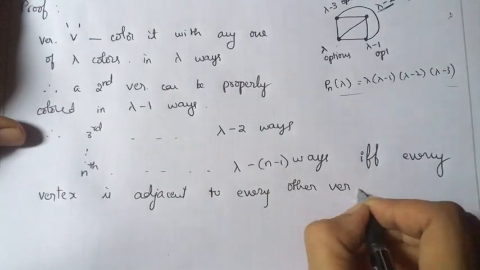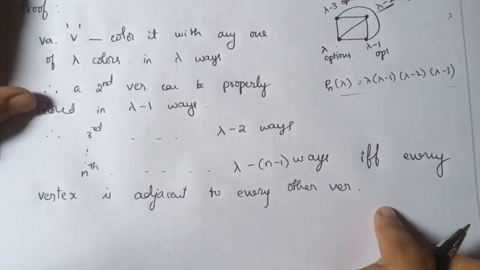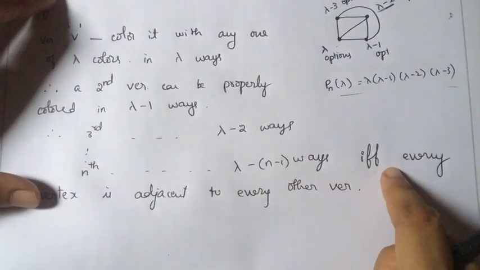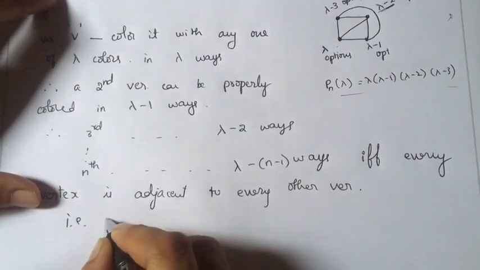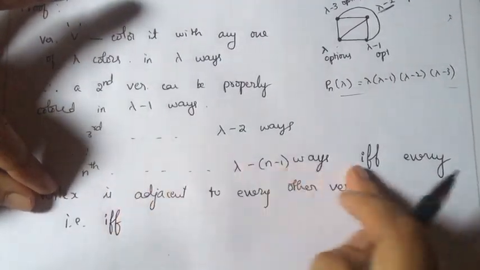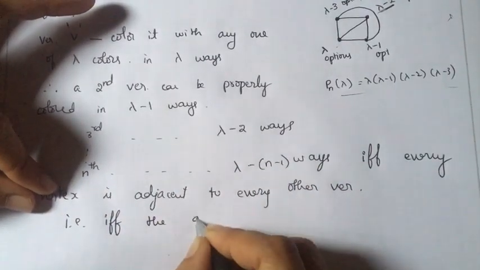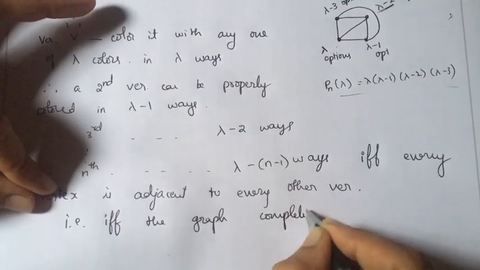Got the point? Therefore, that is same as saying this proper coloring is possible if and only if the graph is complete.